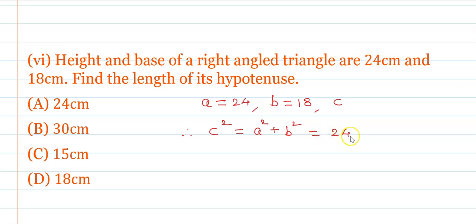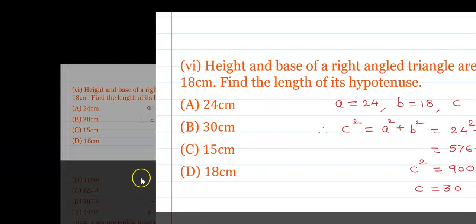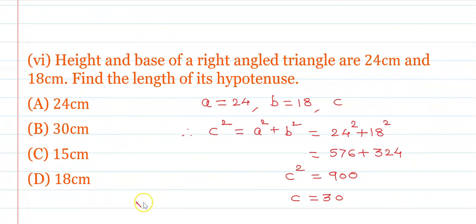Therefore 24 square plus 18 square, and 24 square is 576 plus 18 square, so 324. If you add it, then you will get here 900 is equal to C square, means what? Hypotenuse square. Therefore C is equal to 30, and hence the option B is a correct one. Therefore we will write here the answer. It's like this. Option B is a correct one.